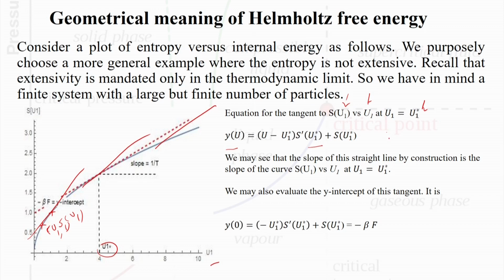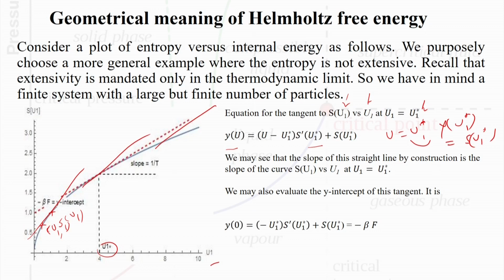In other words, if u equals u1 star, y u1 star should be equal to s u1, because they should touch, right. The straight line should touch the curve. So, the y coordinates of the curve and the straight line have to be the same at the place where it touches, and the place where it touches is u equals u1 star.